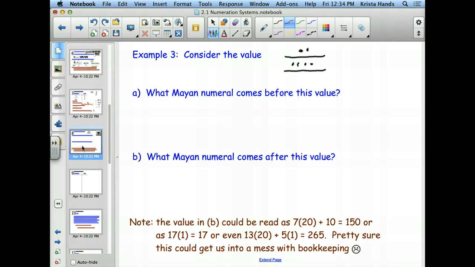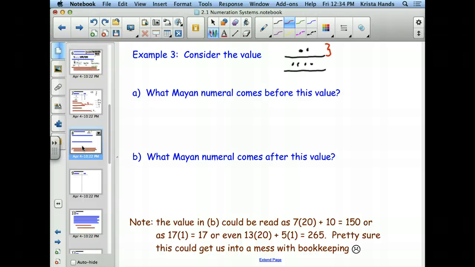What comes before, what comes after. So let's actually look at where our place value break is. So based on the last slide, I told you the dots go on top of the bars. So the natural inclination was that these 2 dots on top and this bar right here sort of go together. Okay? So these 2 pieces combined, what would they be worth?